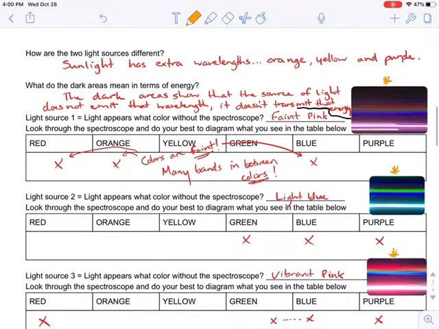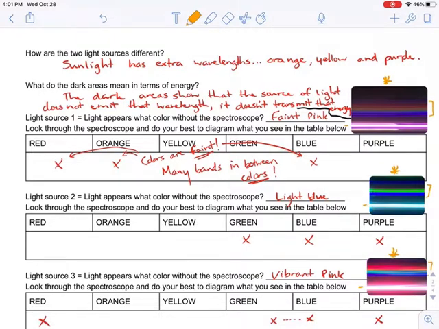I cropped these images and inserted them here into this key to show you what they should have looked like if you zoomed in and just focused on the spectral emission. This at the bottom is what color the light actually showed to the naked eye. And then above it, in this range, was the spectral emission for that light.